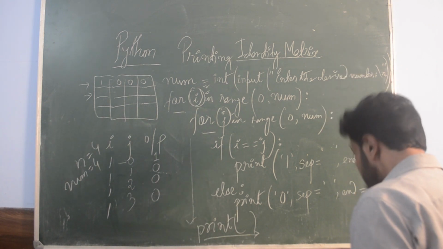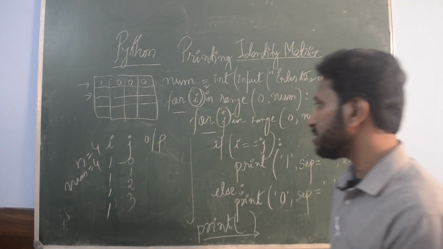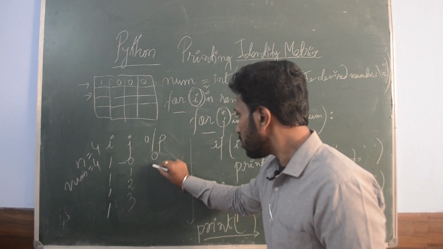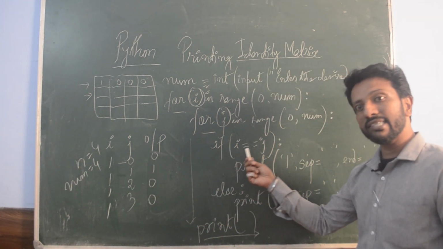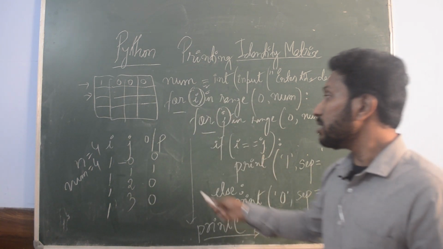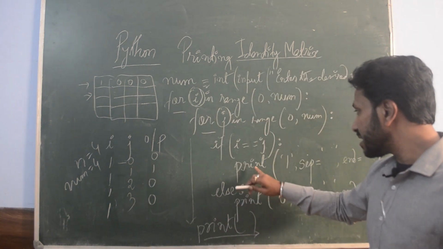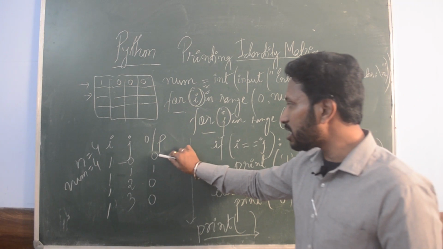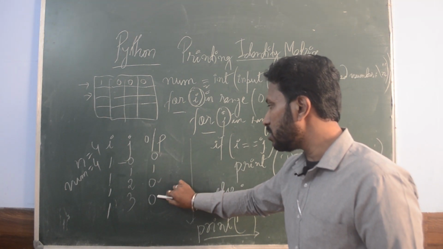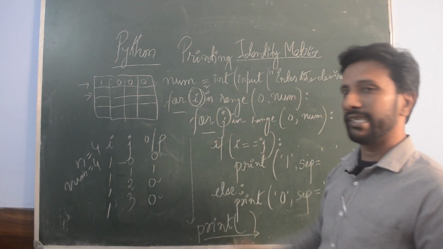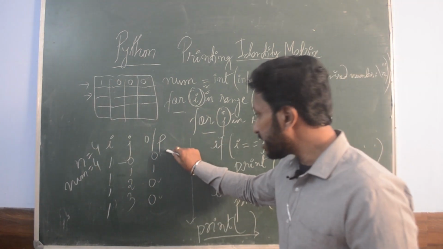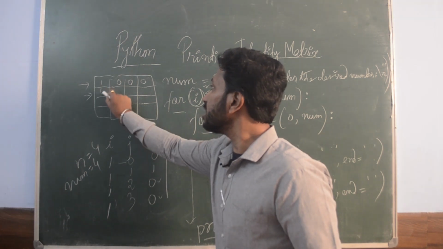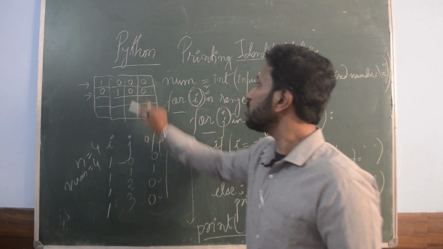So the output will be like this: 0, 1, 0, 0. Because the condition is that when I and j are equal, then only the output will be printed, which is 1. Otherwise, in all the other cases, it is 0. So this is for the second iteration of I. So now we get the second row: 0, 1, 0, 0.